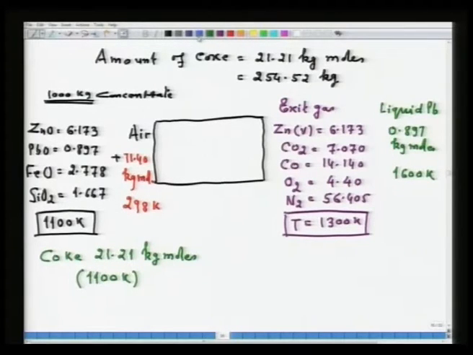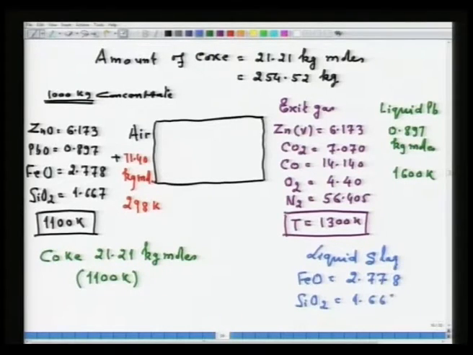Then the liquid slag which is forming, that is FeO, equal to 2.778 and SiO2 1.667, again in kg moles, and the temperature of its discharge is 1600 Kelvin.